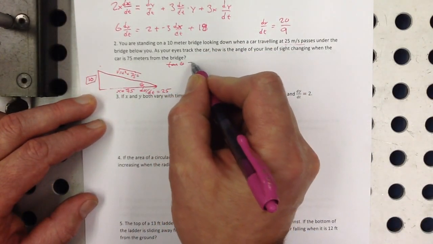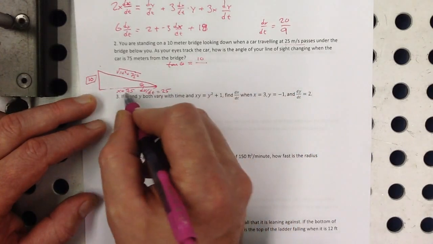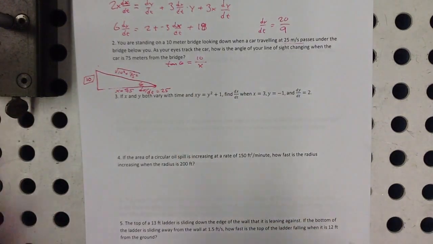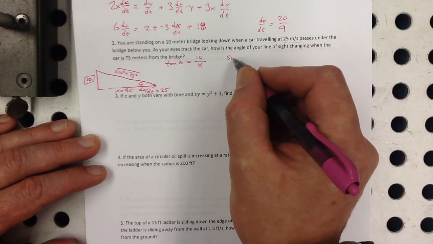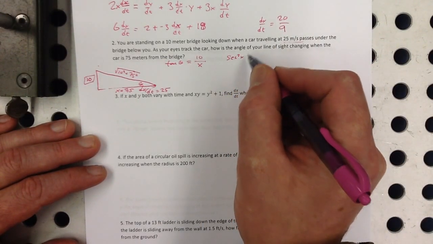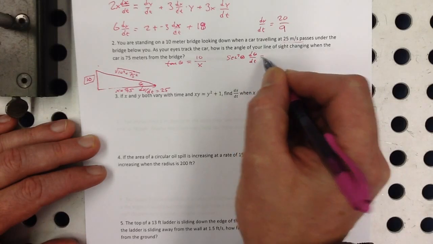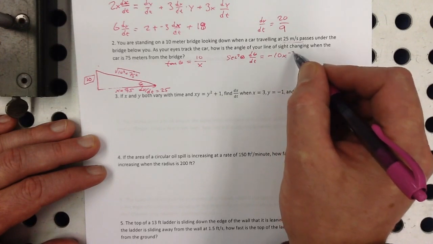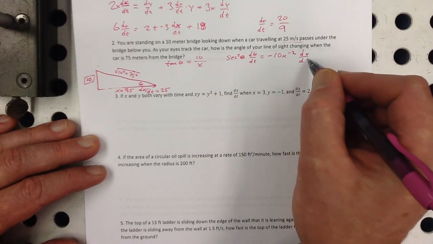Tangent theta is equal to 10, which is constant, over x, or 10x to the -1. So the derivative of that is secant squared theta, d theta dt is equal to -10x to the -2 times dx dt.